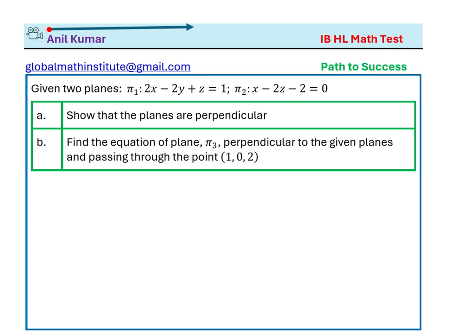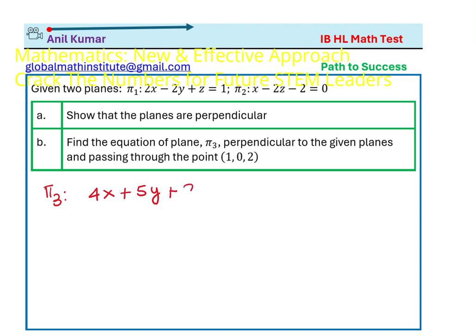So here we are. We have the equation of the plane, which is of the form 4x plus 5y plus 2z equals d, since that is the normal. That d tells how far it is from the origin. Great. Now we'll plug in the point (1, 0, 2) to find the value of d.